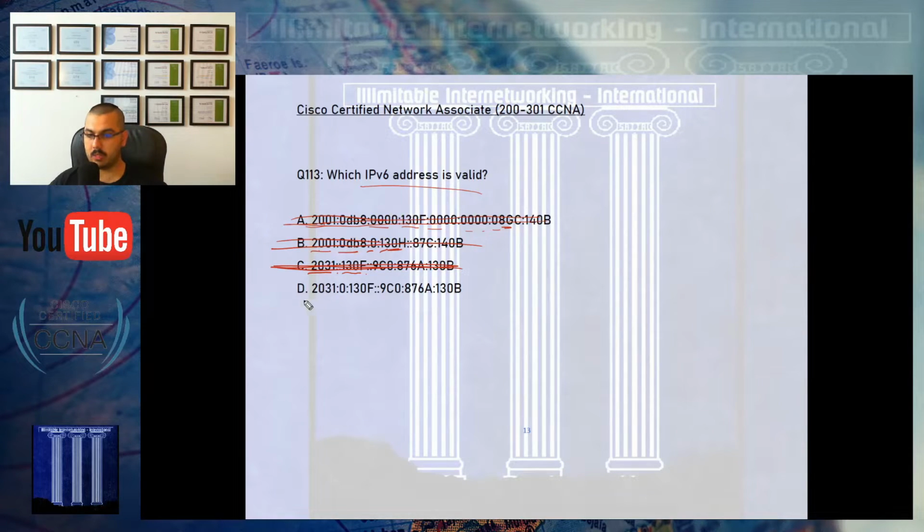The final one will be 2031 colon 10, that means 4 zeros as well, 13OF, a double colon. Okay, 9C0 means also one zero will be injected on the left. 876A 13OB, definitely correct. So that will make it 1 part, 2, 3, 4, 5, 6, 7 and 8, which will be injected by the system into this double colon as 8 zeros.